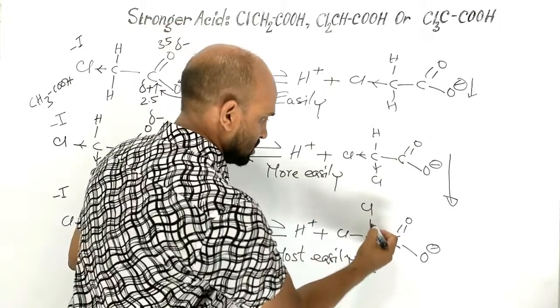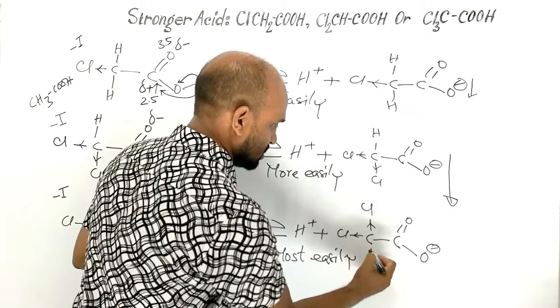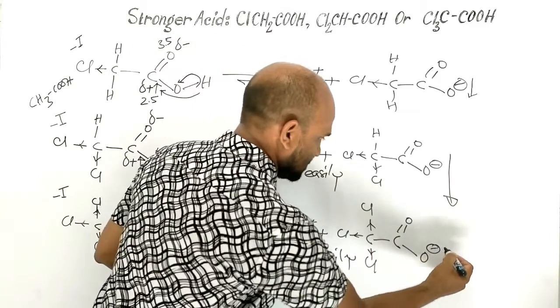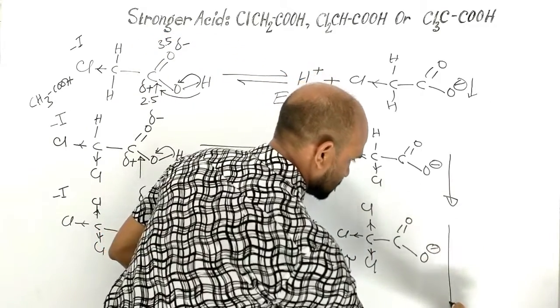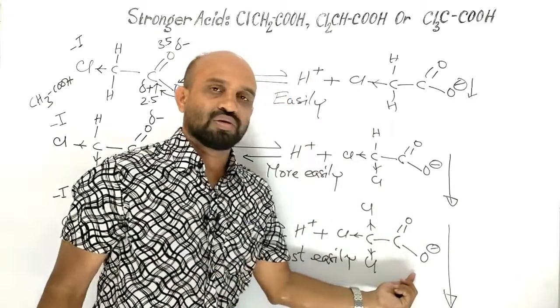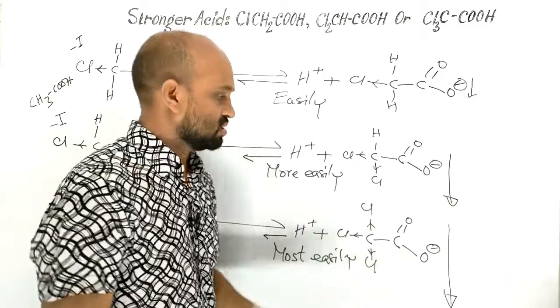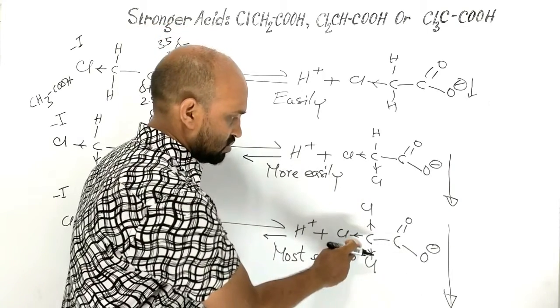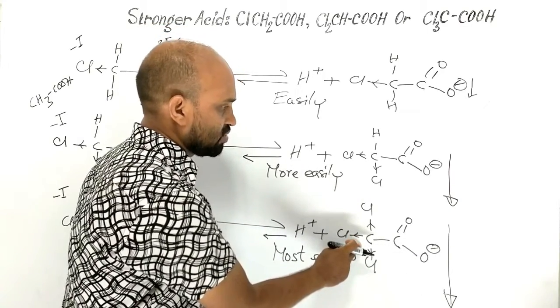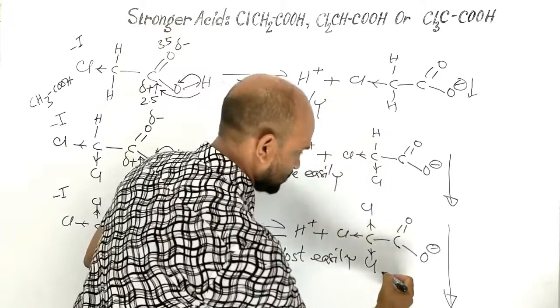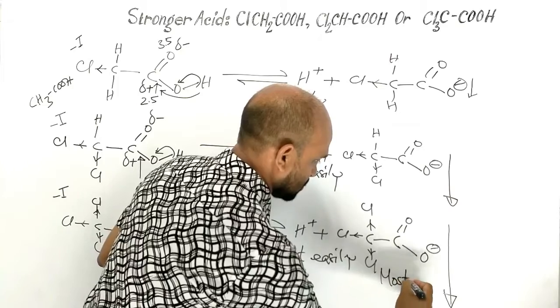Similarly, here 3 negative inductive effect atoms are present. That is why this negative charge is dispersed on a large scale, and for this reason this ion becomes more stable than this ion and then this ion. So it becomes most stable.